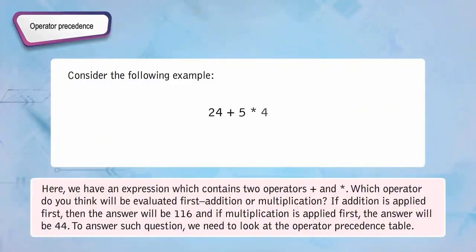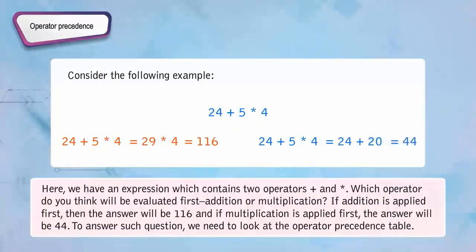Here we have an expression which contains two operators, plus and multiplication. Which operator do you think will be evaluated first, addition or multiplication? If addition is applied first, then the answer will be 116. And if multiplication is applied first, the answer will be 44.